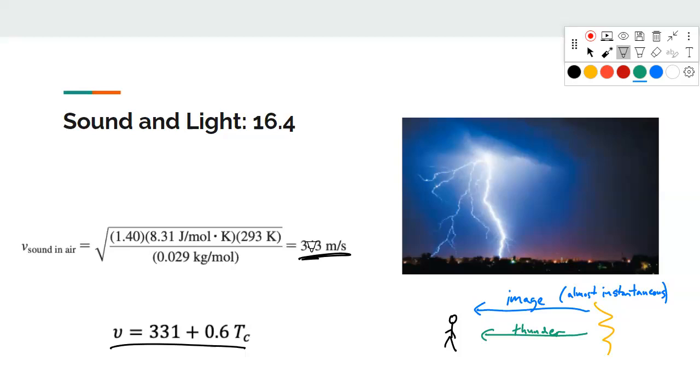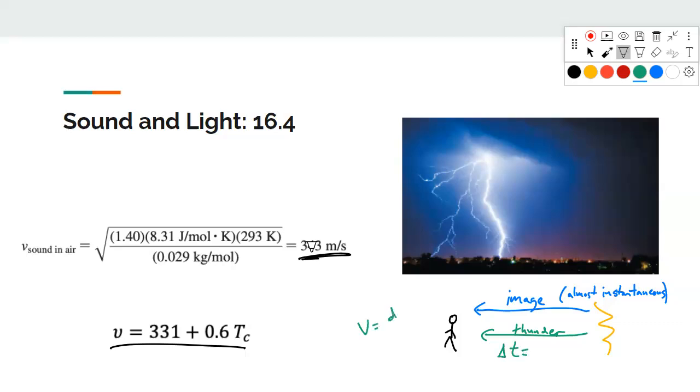So it's fast, much faster than normal human transport goes, although jet airplanes can travel this fast. But it's not ridiculous, basically. It's not like the speed of light, which is literally the fastest that anything can travel in the universe.